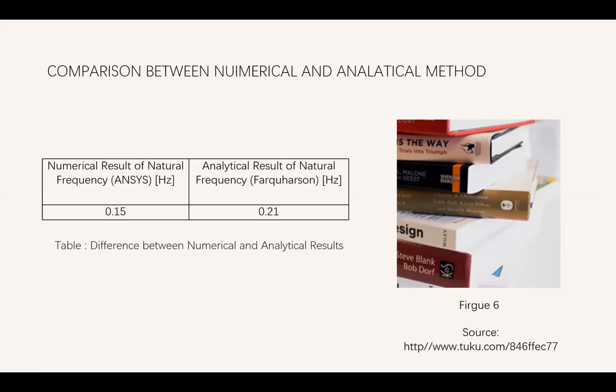And now that's the comparison of the result between numerical and analytical methods. As you can see in the table here, the result from harmonic analysis suggests that the most critical natural frequency was around 0.15 Hertz, while the analytical result of natural frequency, which was calculated by Professor Farquharson, is around 0.21 Hertz, which is slightly higher than the numerical result.